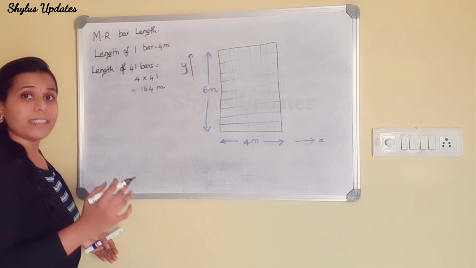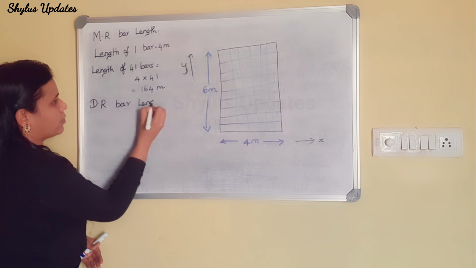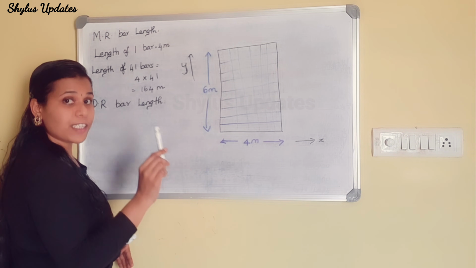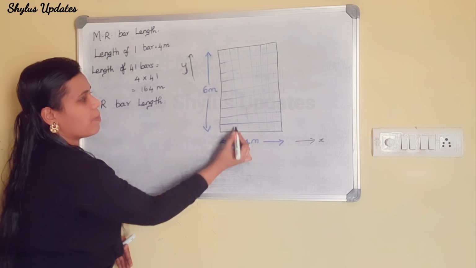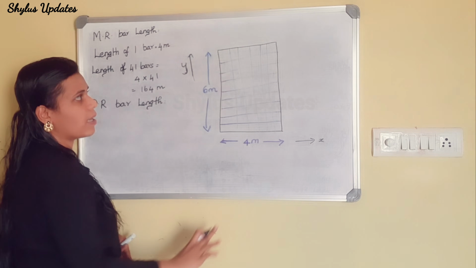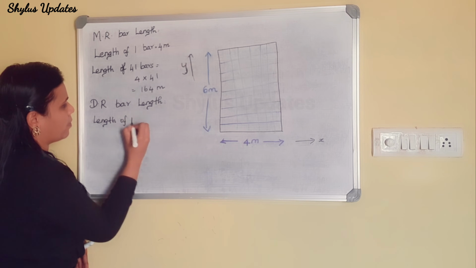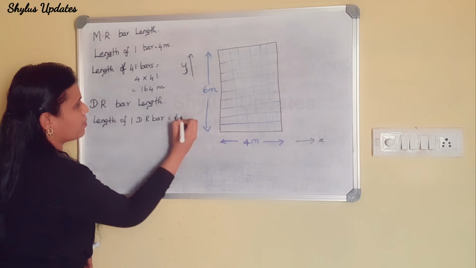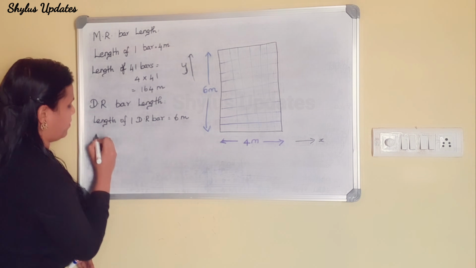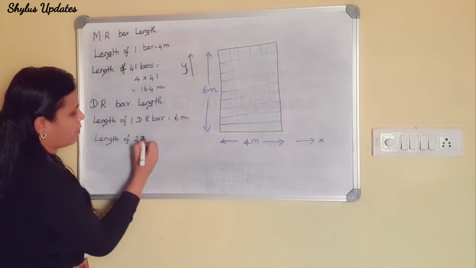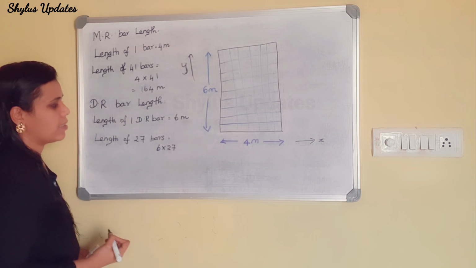Similarly, we can calculate distribution reinforcement bar length. Length of one distribution reinforcement bar is 6 meter. This is distribution bar. The length of one distribution reinforcement bar is 6 meter. Therefore, length of 27 number of distribution bars are 6 into 27 bars.